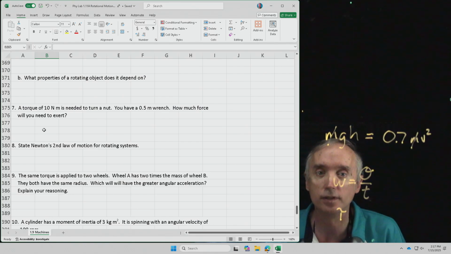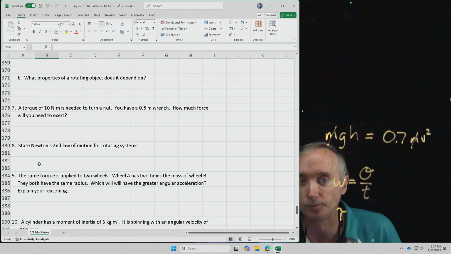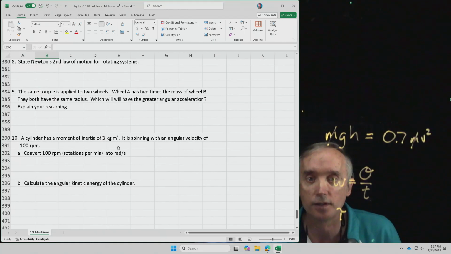Question number 8 is to state Newton's second law of motion for a rotating system. Question number 9: the same torque is applied to two wheels.